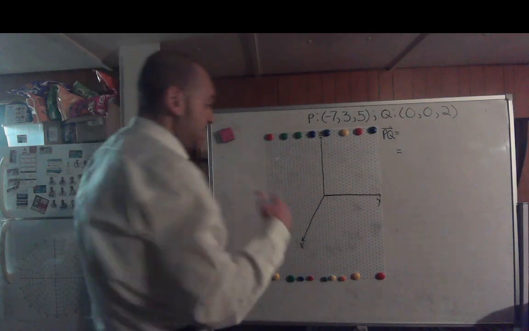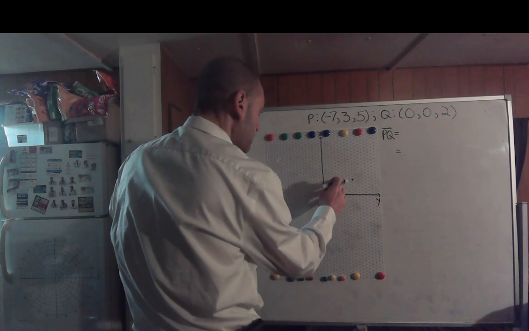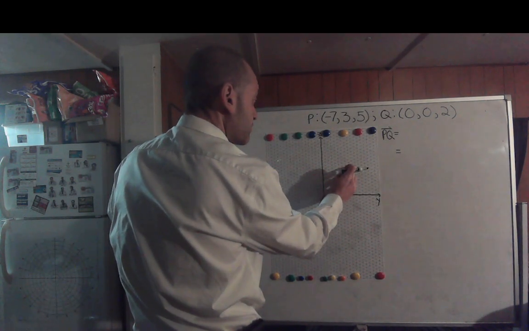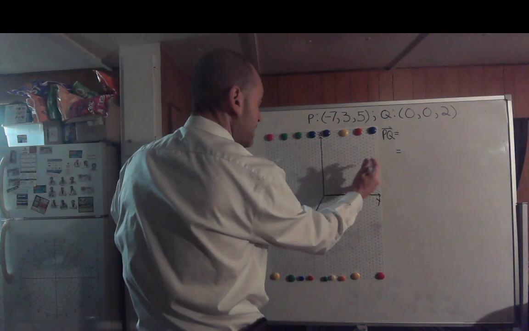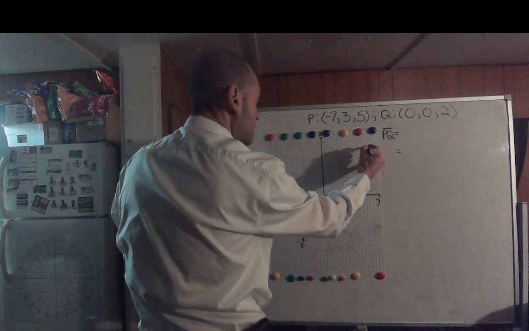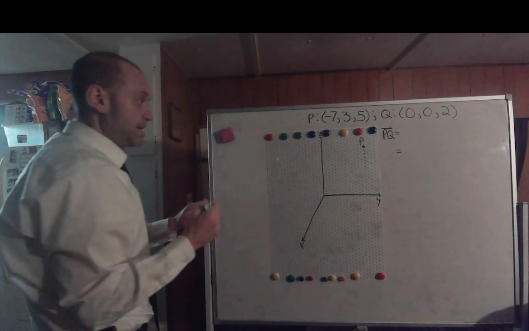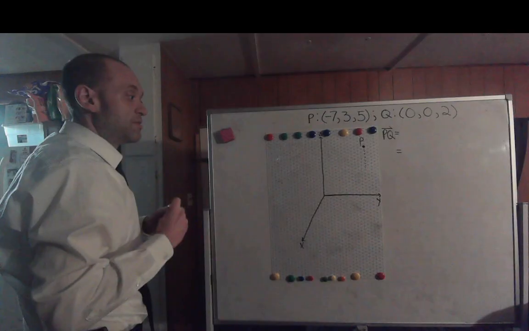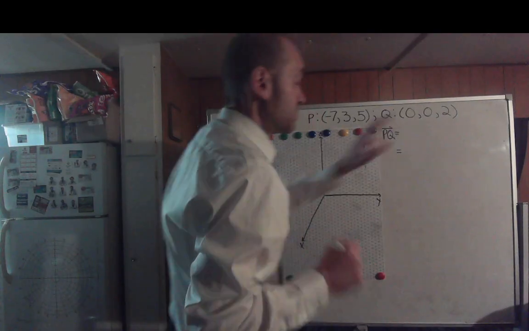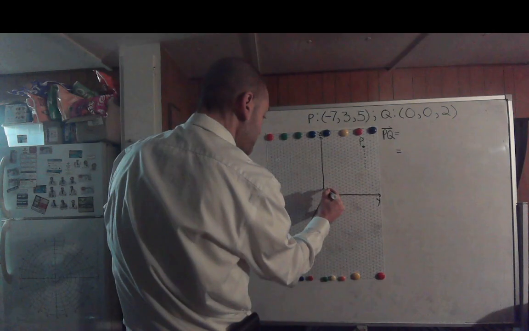So -7 in the x, so let's see, 1, 2, 3, 4, 5, 6, 7, right about here, over 3 in the y direction, right about here, then go up 5 in the z direction. So here's my point P, my initial point, at -7, 3, 5. Now I need to find my terminal point, 0, 0, 2. That's going to be roughly right about there for my point Q.